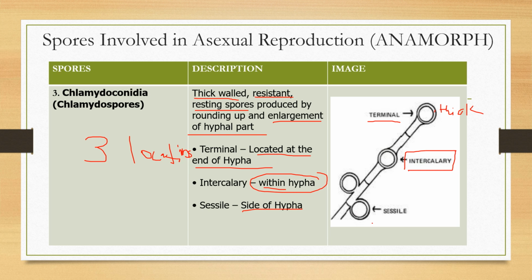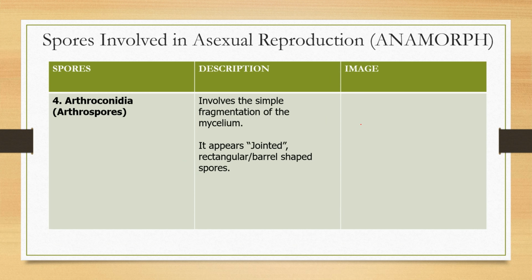And if it is found at the side of the hypha, it is known as a sessile chlamydoconidia. So take note of the three types of chlamydoconidia based on location: terminal, intercalary, or sessile. They are thick-walled, resistant resting spores, and they would typically enlarge the hyphal part.